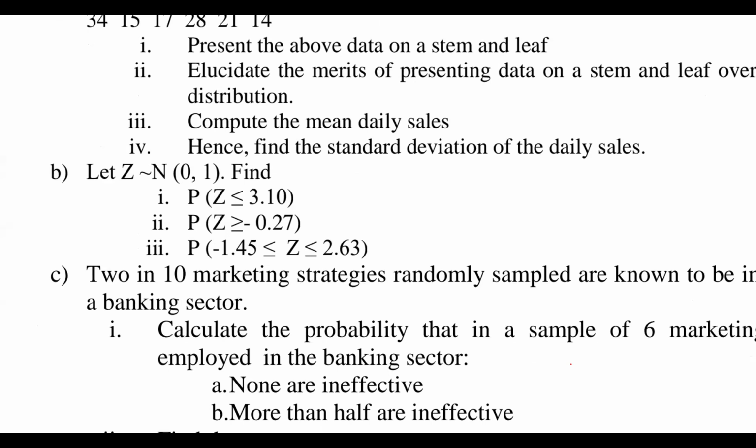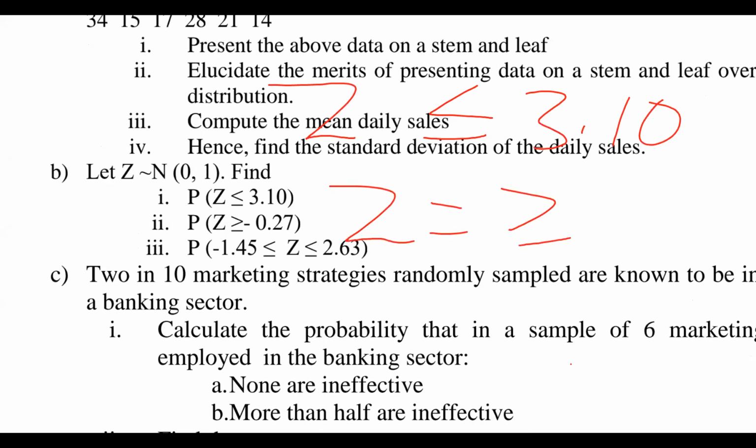With this one, the Z values were already calculated, isn't it? So Z was less or equal to 3.10. The other Z was greater or equal to negative 0.27. Then the other one was between negative 1.45 and 2.60.